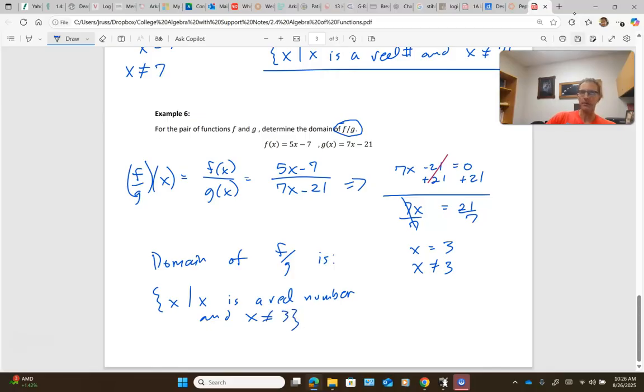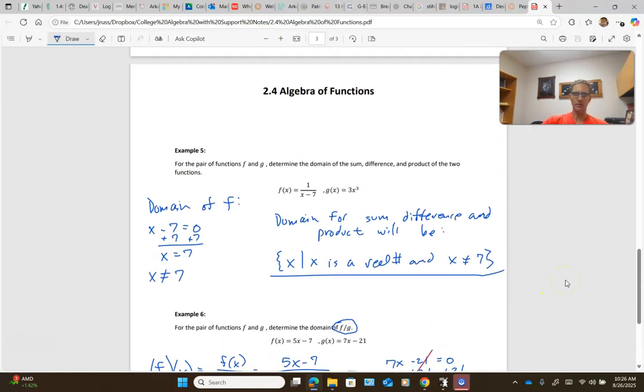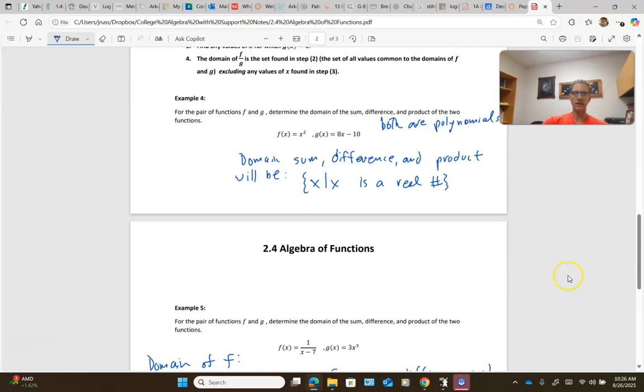So any other real number for x would work. It would always give you an output or a y, but 3, the number 3, would not. All right, so those are 3 examples, guys, of finding the domain of that resultant function, whether it's a sum, difference, product, or a quotient, like that last example.